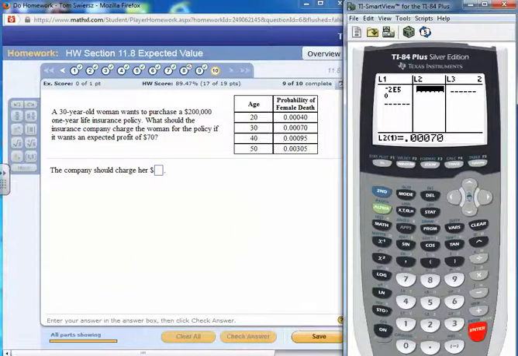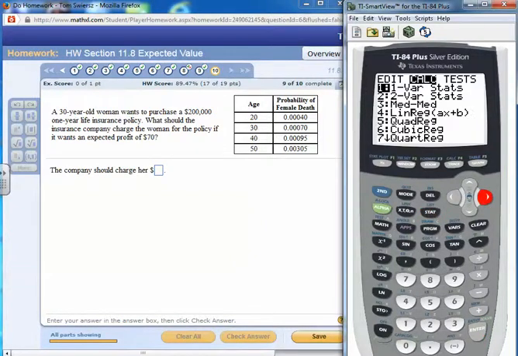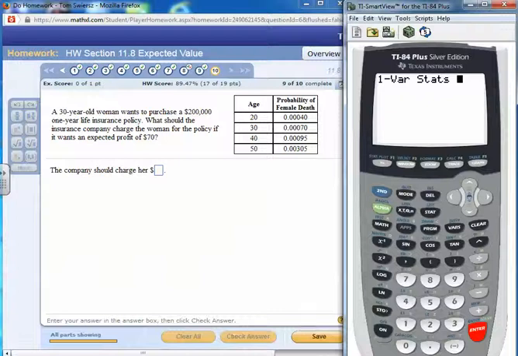The probability that she lives is 1 minus 0.00070. Okay, and now we have our values in L1, our probabilities in L2, so we go to Stat, Calculations, one variable. Again, I'm going to put L1, comma L2. If you have a newer version, you're going to put L1 in row 1, L2 in row 2, and then hit Calculate.